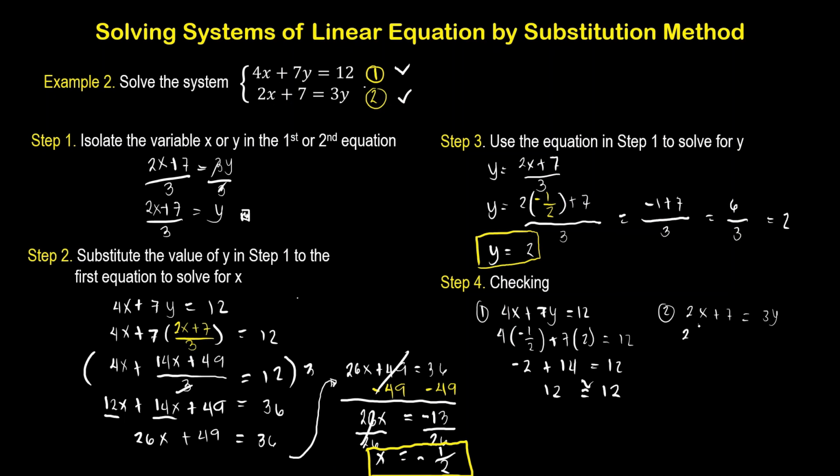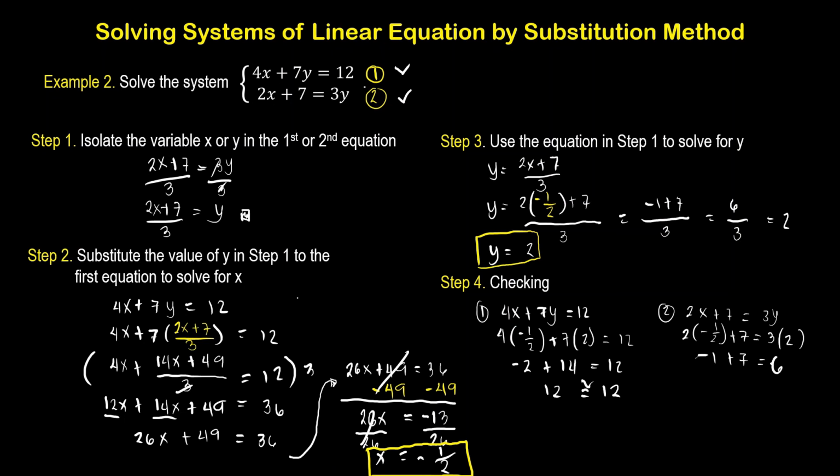So, we have 2 times the value of x, which is negative 1/2, plus 7 is equal to 3 times the value of y, which is 2. Then let's simplify both sides. So, we have 2 times negative 1/2, which is just equal to negative 1, plus 7 is equal to 3 times 2, which is equal to 6.